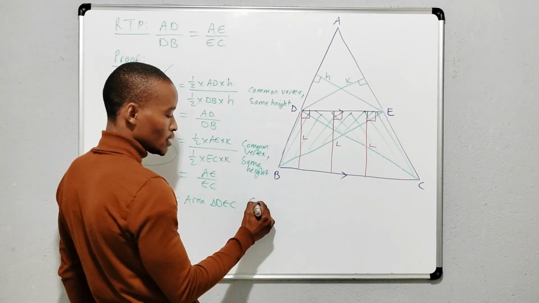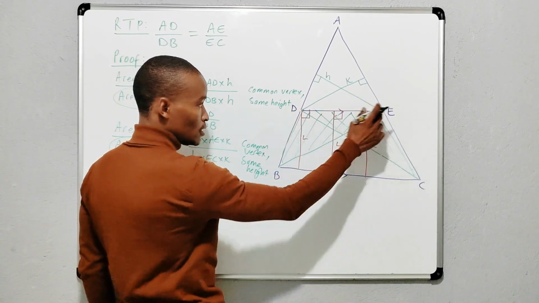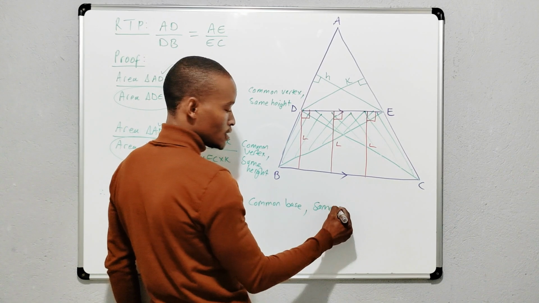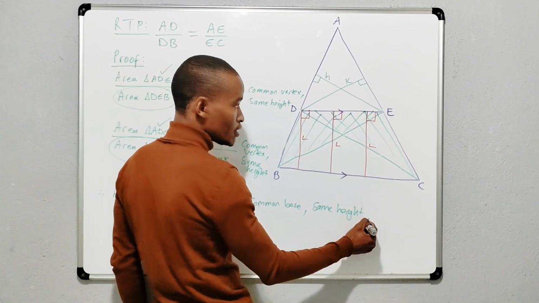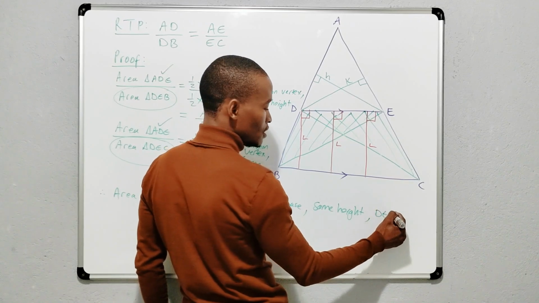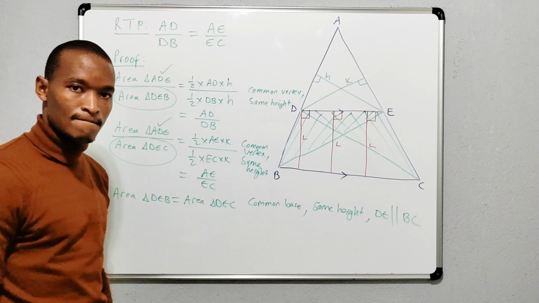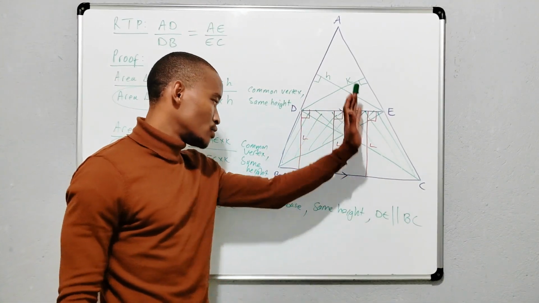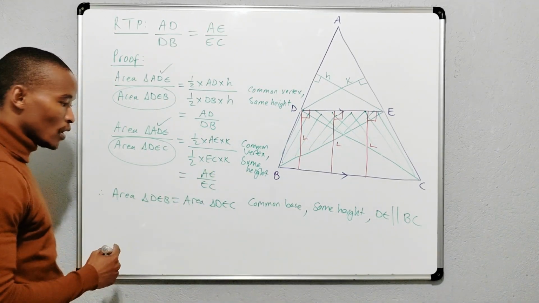Why? Because they have a common base, DE. They have the same height. What causes the same height? It's because DE is parallel to BC. And if you have a perpendicular line between parallel lines, that will be constant throughout.